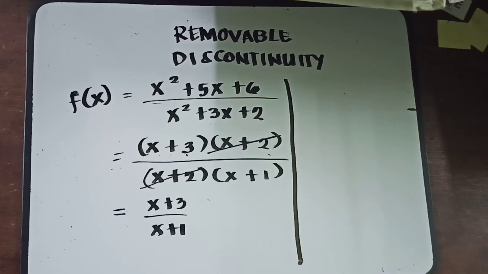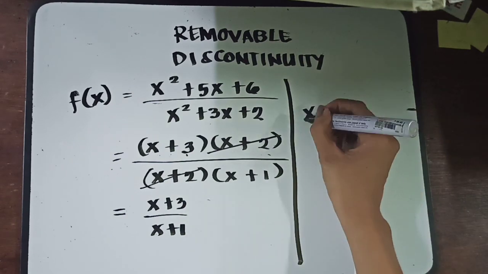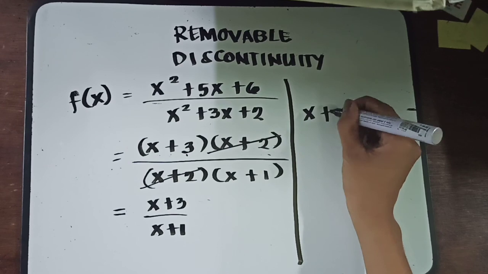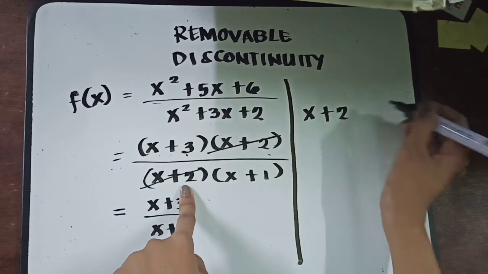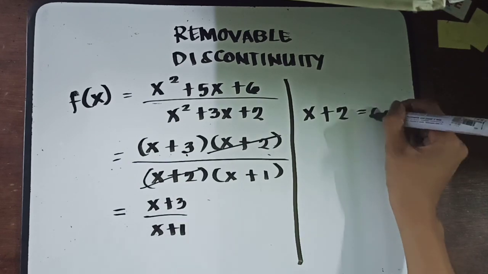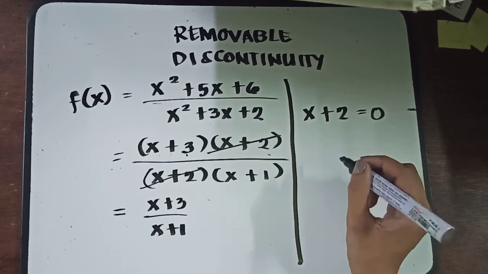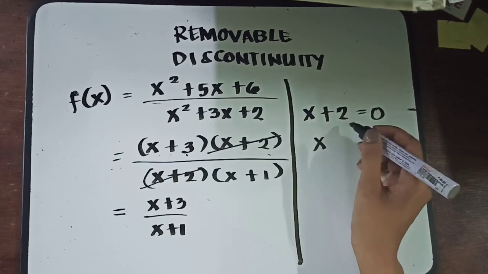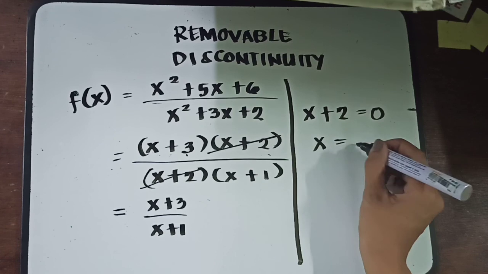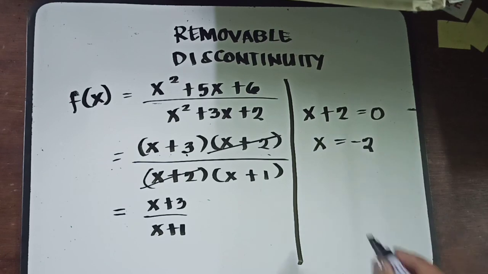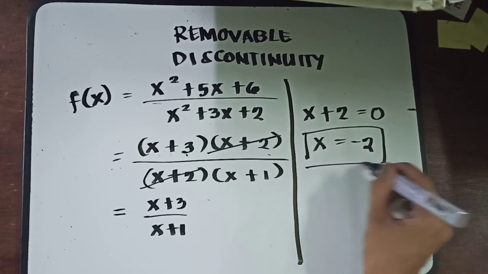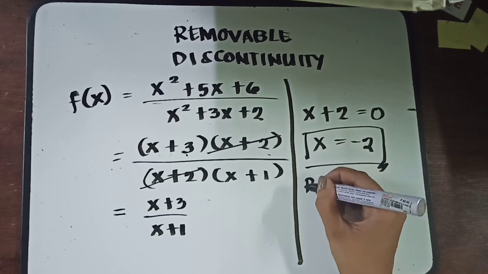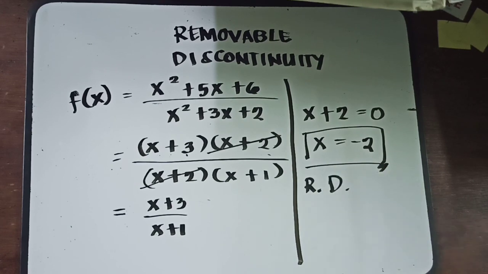Okay, so doon pumapasok si removable discontinuity. Kunin natin ang zeros ni common factor. Common factor natin, which is x plus 2, is equal to 0. And solve for the value of x. From positive 2, it will become negative 2. So this is a removable discontinuity.